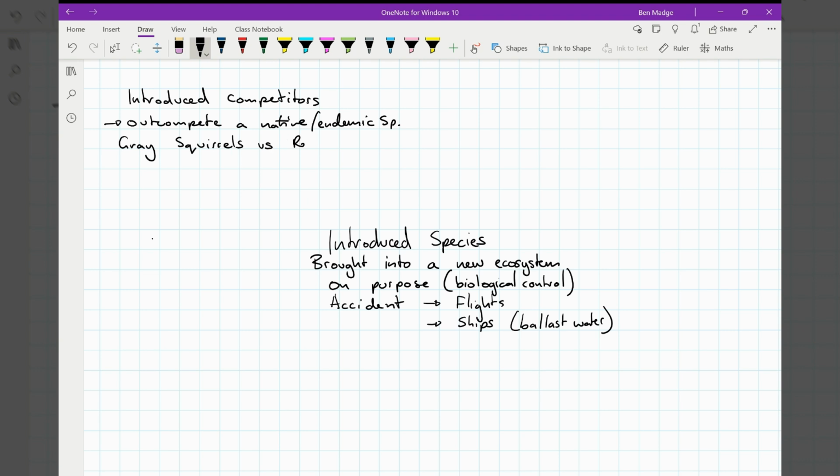versus red squirrels in the UK. So grey squirrels are a species that have been brought over from America by a rich Victorian who seems to quite like them and let them go in his garden. And then they sort of went on from there. They can directly outcompete red squirrels because they're larger, so that they can push them out of the way, so compete for nest sites.